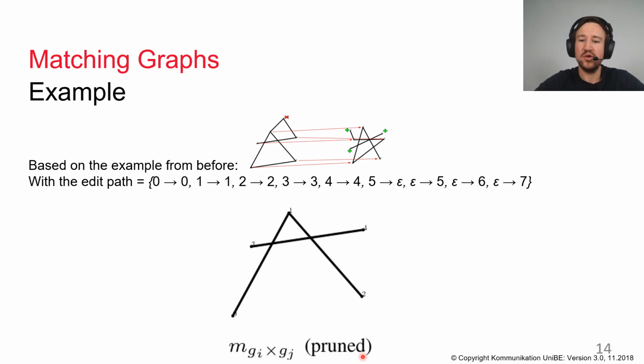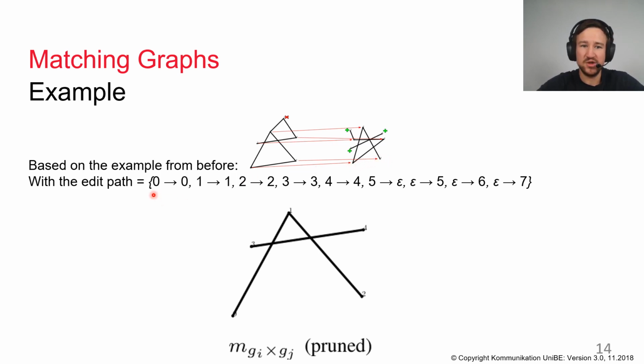This is because we also add some edge pruning afterwards, meaning, for example, the edge between node 1 and node 0 and 2 is not added in the matching graph. The reason is that an edge is only added when it also exists in the counterpart target graph between the matching nodes.